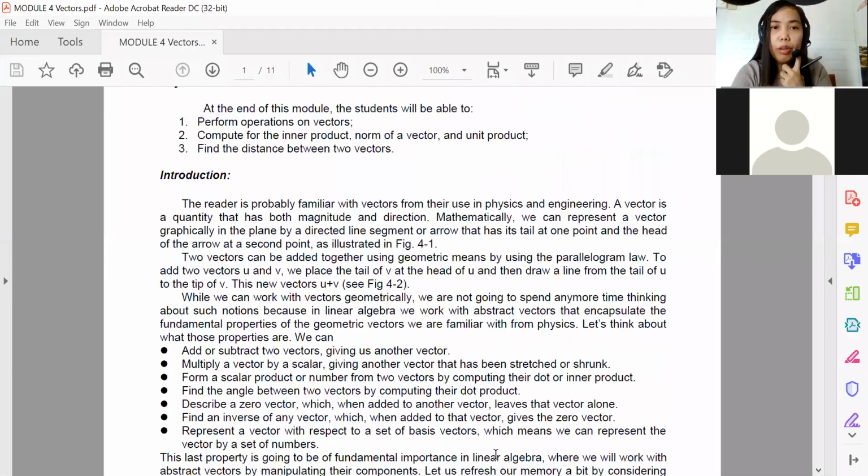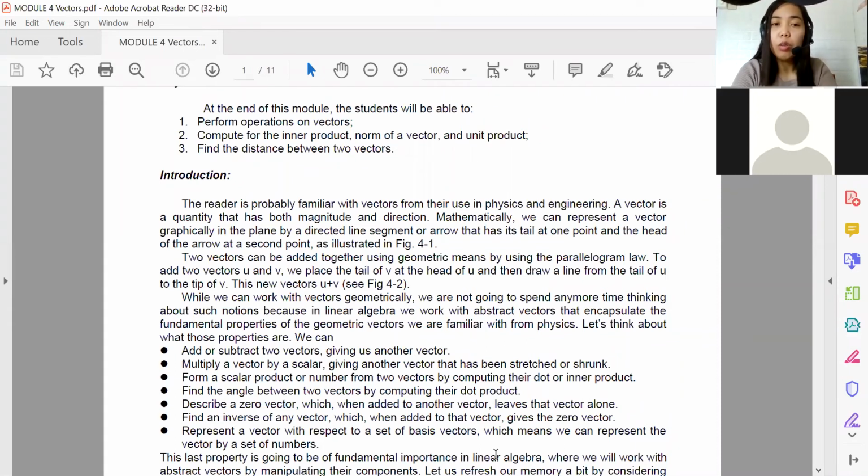So while we can work with vectors geometrically, we are not going to spend any more time thinking about such notions because in linear algebra, we work with abstract vectors that encapsulate the fundamental properties of the geometric vectors we are familiar with from physics. So let's think about what those properties are.